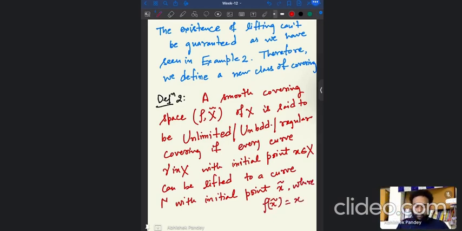So you have a curve gamma in X with initial point x. Now you collect all the pre-images of x. You should always have a lifting of gamma with initial point any of those pre-images. Okay, so this is the definition of regular covering.